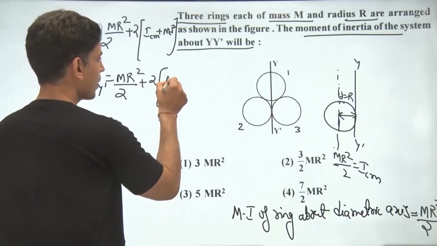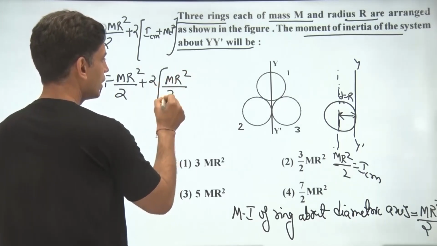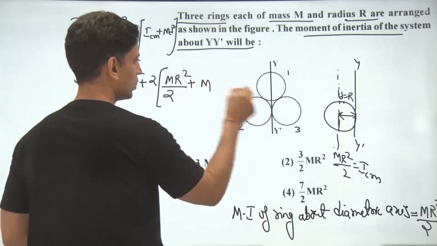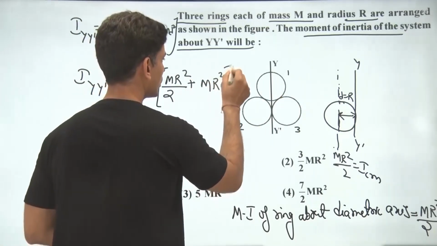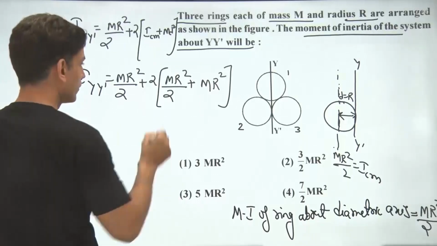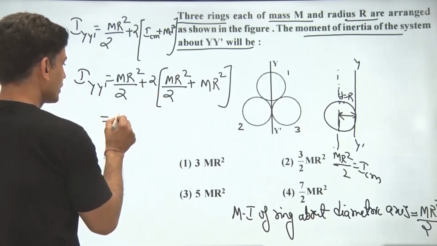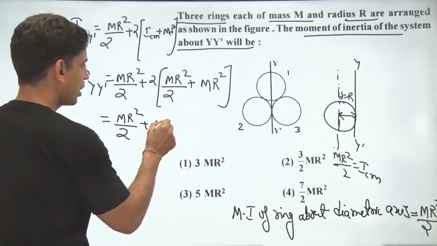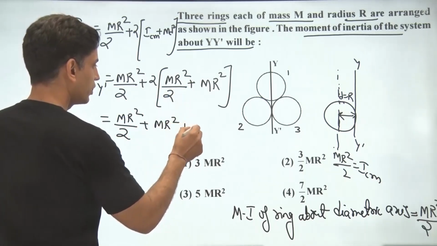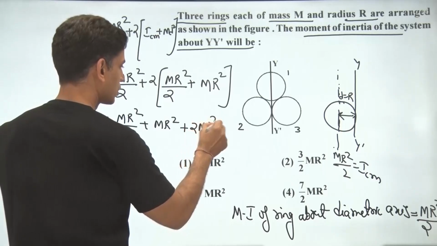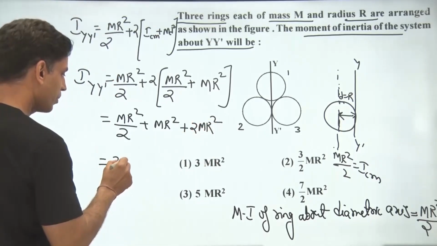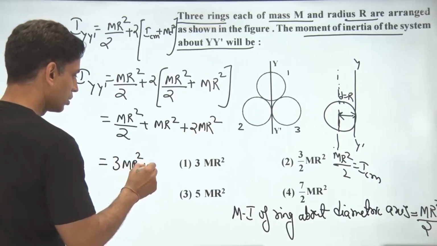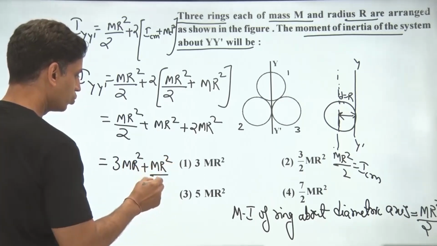Now ICM is MR square by 2 plus M, d is equal to R, MR square. Okay. So it is MR square by 2 plus MR square plus 2 MR square. So it is 3 MR square plus MR square by 2.